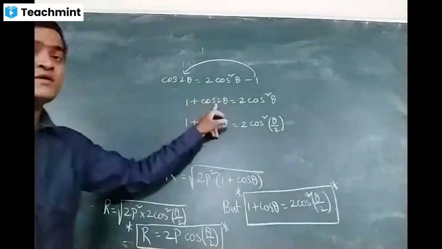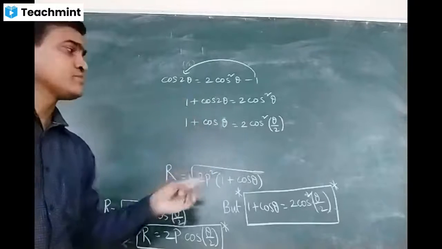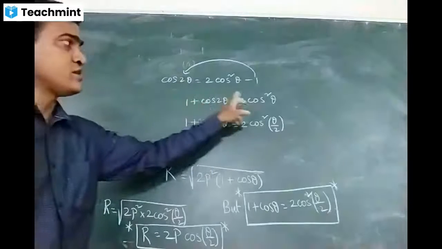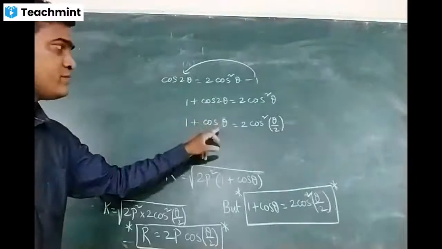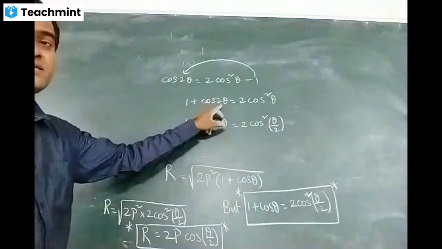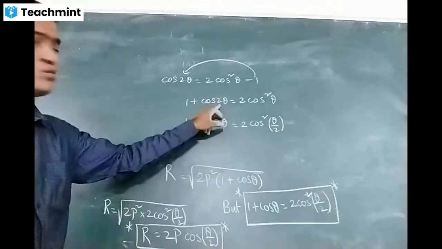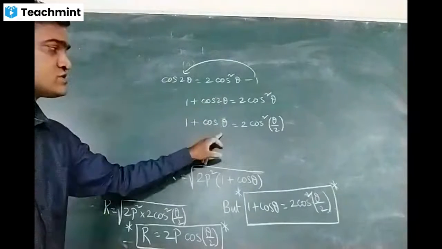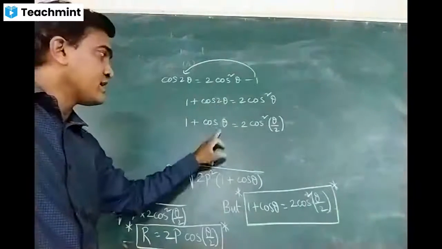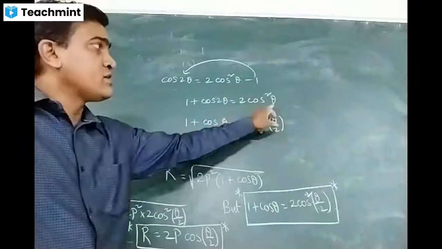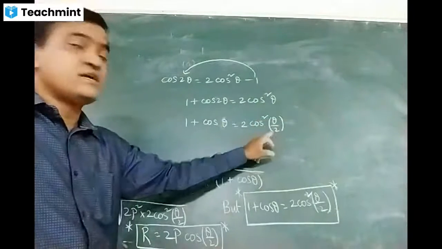Just recall this formula, remember this formula, very important formulas, they will come again. 1 plus cos 2 theta is equal to 2 cos square theta, then 1 plus cos theta will be equal to, here what I did is I replaced 2 theta, and theta came because I divided 2 theta by 2. If I divide this 2 theta with 2 then I will get theta. Similarly here also you have to divide theta with 2 so that I can write theta by 2.